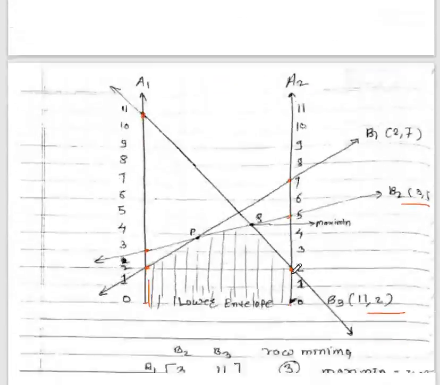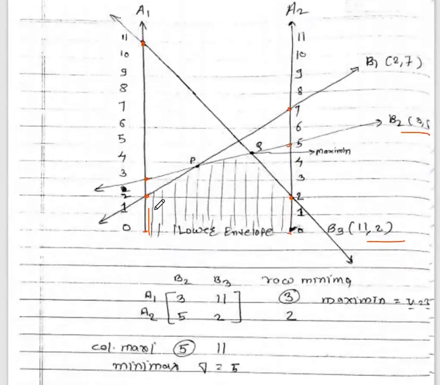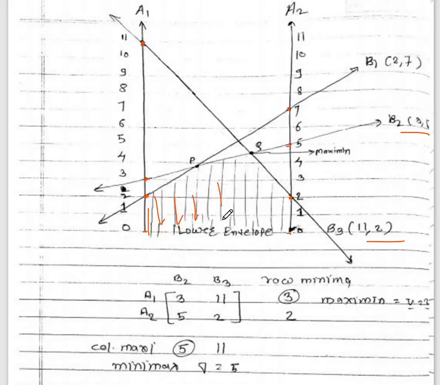So from this graph we will select the lowest envelope, or the lowest part of the graph. This is called the lower envelope, the lower region. This is the first point, second point, third point, and this is the fourth point. So this feasible region is attached to 4 points.